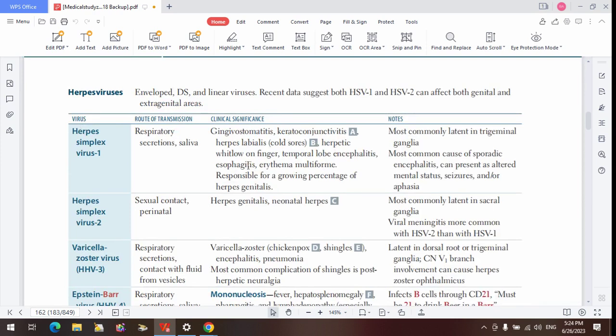Herpetic whitlow is also caused by herpes simplex 1. It's very common in people that work in hospitals, like healthcare workers, particularly dentists. When they are doing dental procedures in the mouth, they can easily inoculate the organism into their hands, and they can develop infection of the distal or proximal part of the finger. It's very painful.